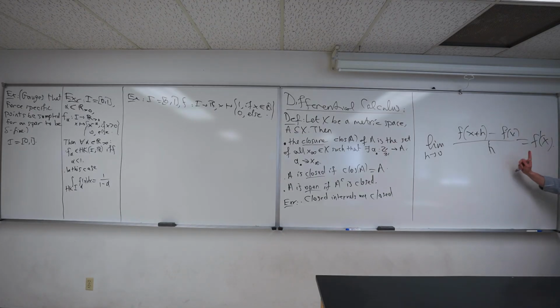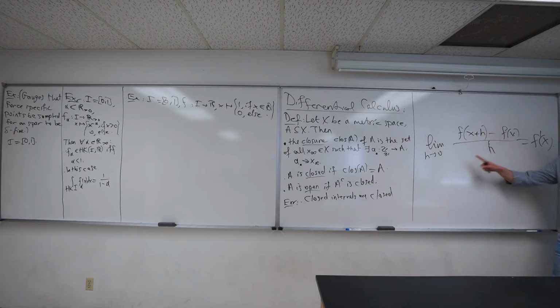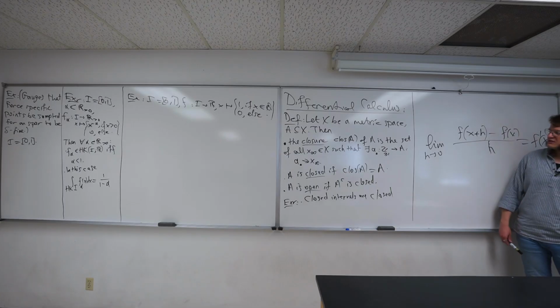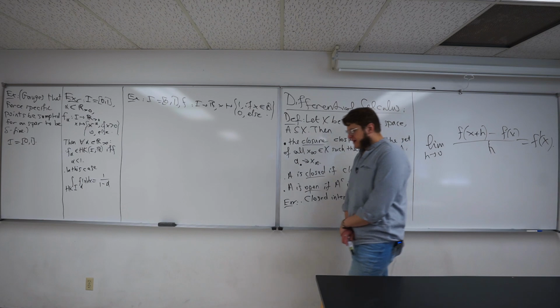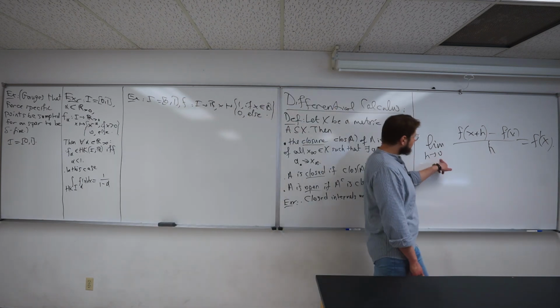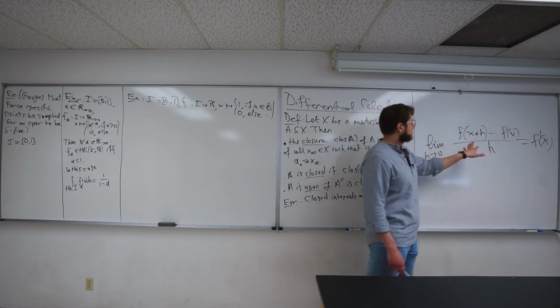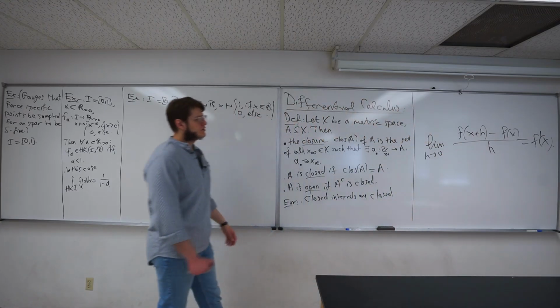But you see, the one thing that we're going to need to cover before transitioning to differential calculus proper is that we need to make sense of this limit. So far, even though we did take limits of functions, these functions that we were taking the limits of were defined at the limit point. But as you see, in general, this expression is not quite well defined for h equals 0.